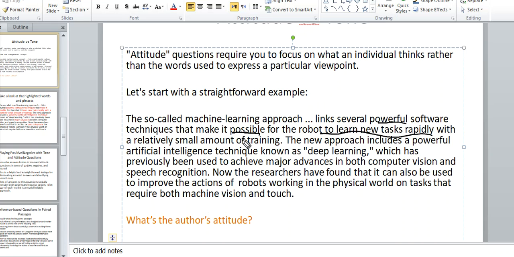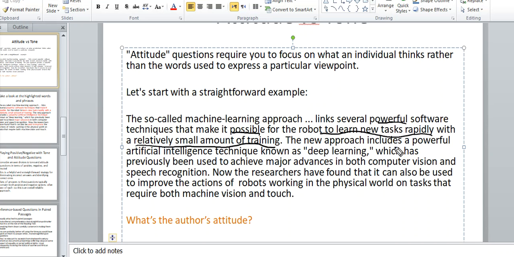Now, with a relatively small amount of training, now that's not quite like he's not stating this information with excitement. Relatively small amount of training, okay, but still it's a good thing. Like it's a positive comment or positive feedback on robots or software techniques.